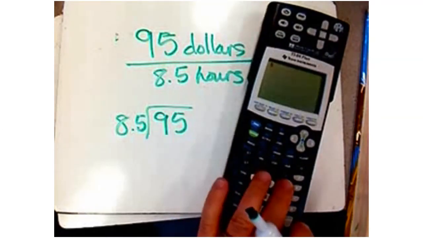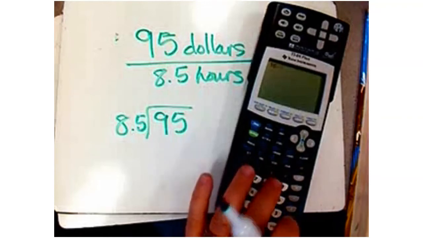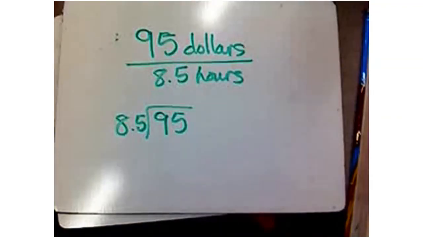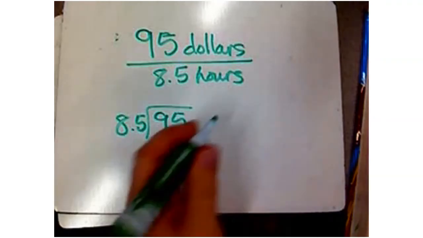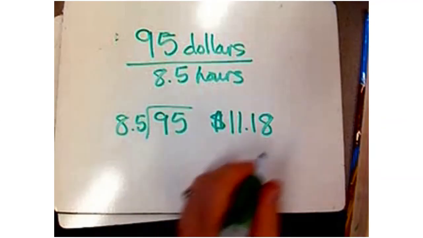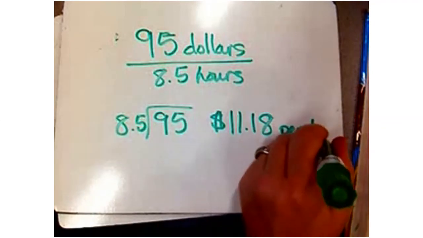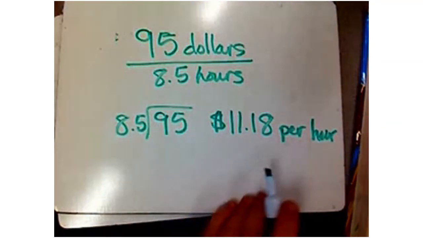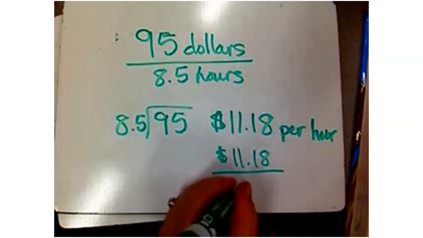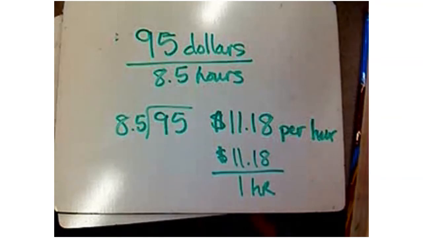So we would have 95 divided by 8.5, and because it's money, we're going to want to round it to the nearest penny. So it'd be $11.18 per hour, right? And we could write per hour like that, or you could write it as $11.18 over 1 hour. Not ratio, rate, excuse me, because it's two different units.